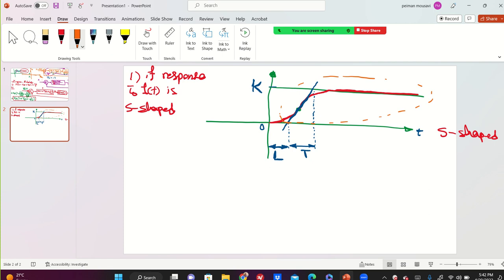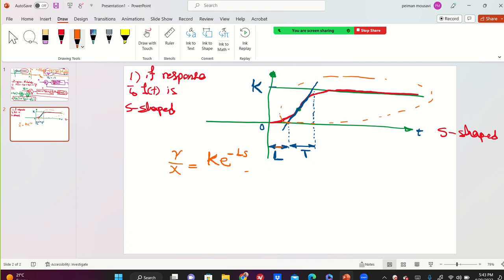So on the other hand, you can say your output over input can be modeled as delay. Delay in S domain is e to the minus LS. This is delay, this is time, LS.